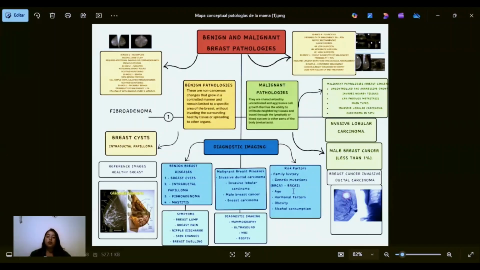The radiology features are used for planning surgery, such as mastectomy or lumpectomy, and evaluating response to neoadjuvant therapy.